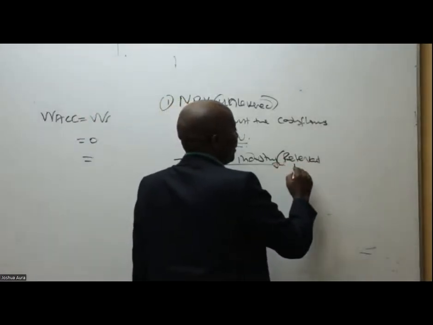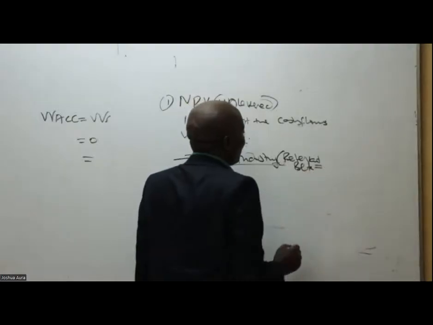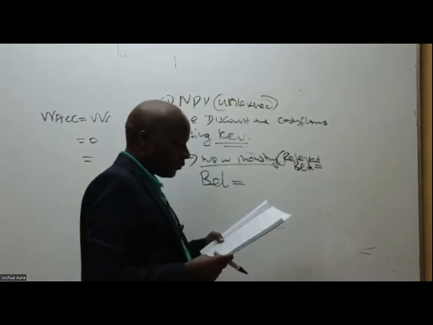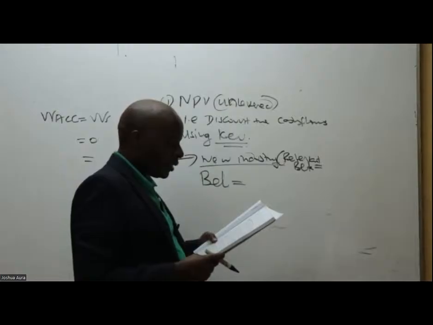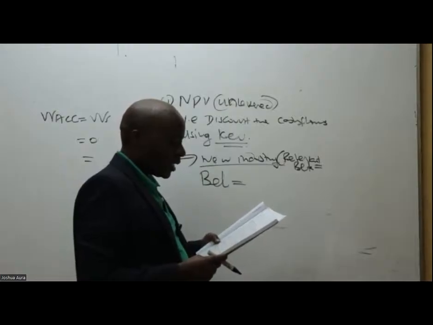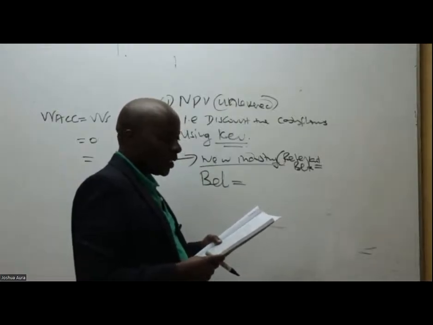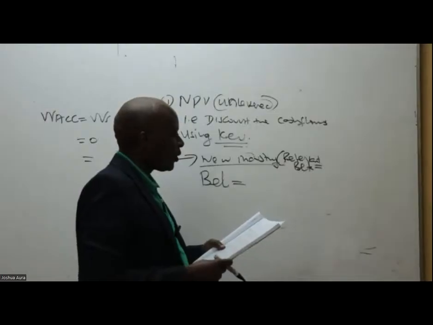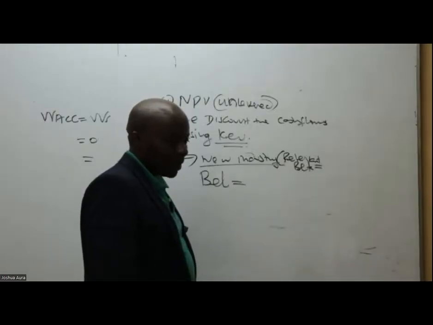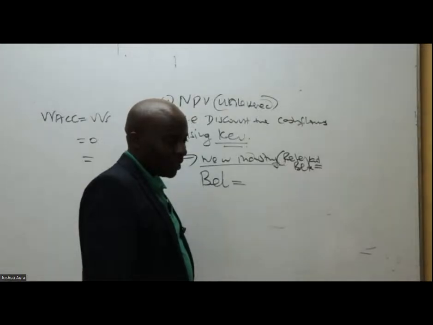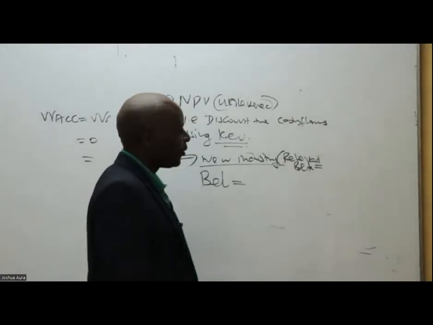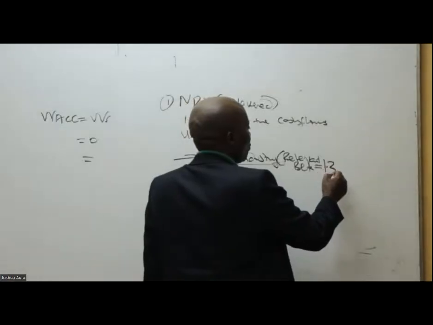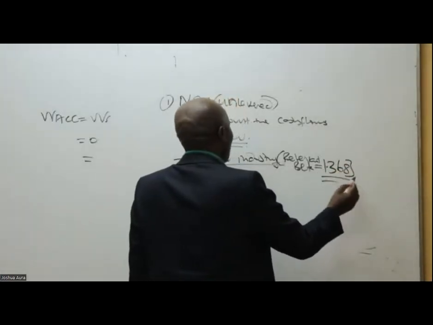The relevant beta of the new industry, these guys have given us a figure. Is there anybody who is able to see the relevant beta of the new industry, which is the plastics industry? 1.368. Thank you so much.